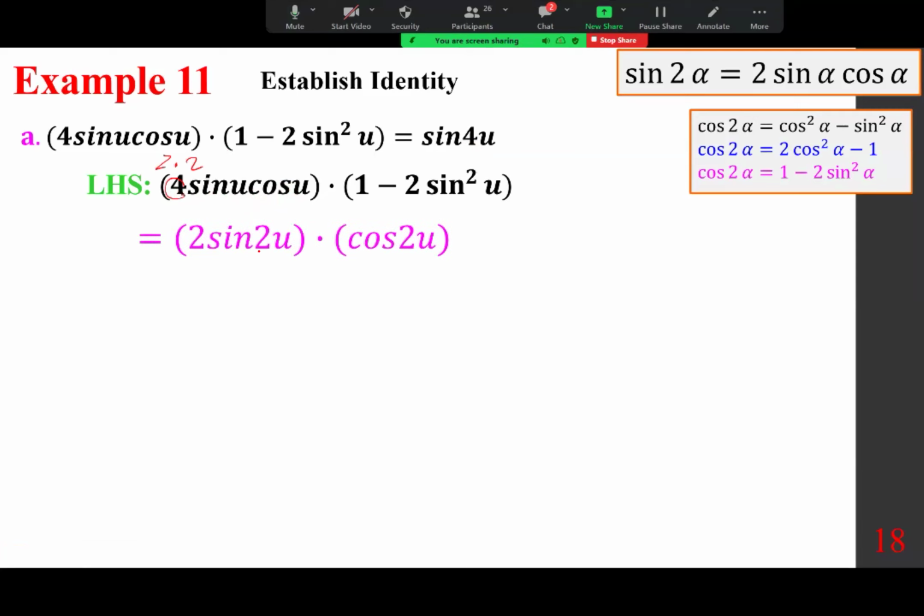So we have 2 sine alpha cosine alpha, which is sine of 2 alpha. Which means sine of 2 times 2u, or sine of 4u. That's a proof.